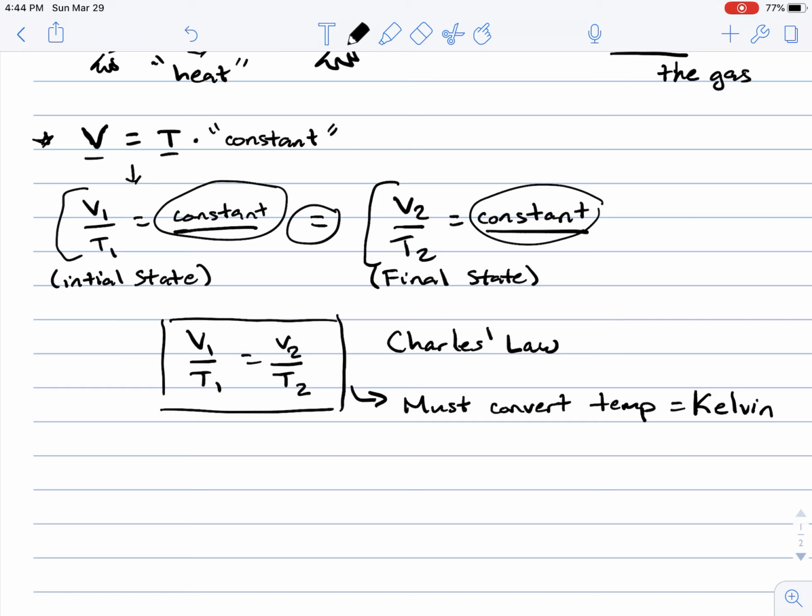For instance, if you have 25.0 degrees Celsius and you want to convert that into Kelvin, you're just going to add 273.15, giving us 298.15 Kelvin.